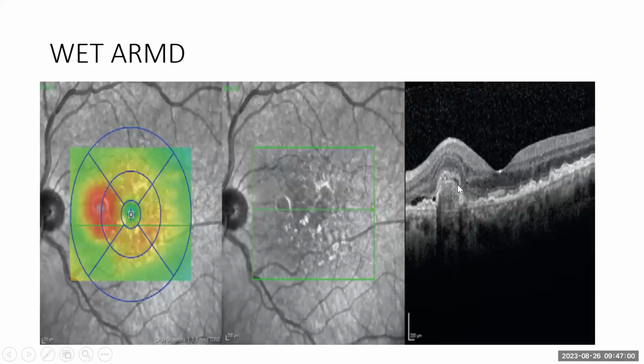Now I'll show you a few things. Where I'm pointing at now is the neovascular complex. This is the neovascular membrane that has caused this increased thickness seen here. And if you look, you see that the RPE is pulled up and down, is distorted, and there is some shadowing here.